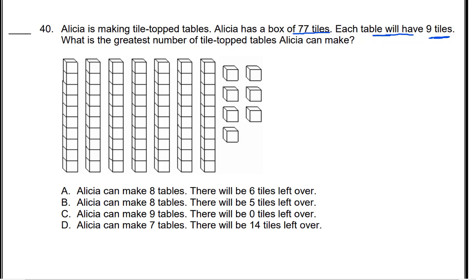What is the greatest number of tile-topped tables Alicia can make? So, to solve this question, what should we do, my hero? Add. As you can see, each table will have 9 tiles and the total number of tiles is 77.